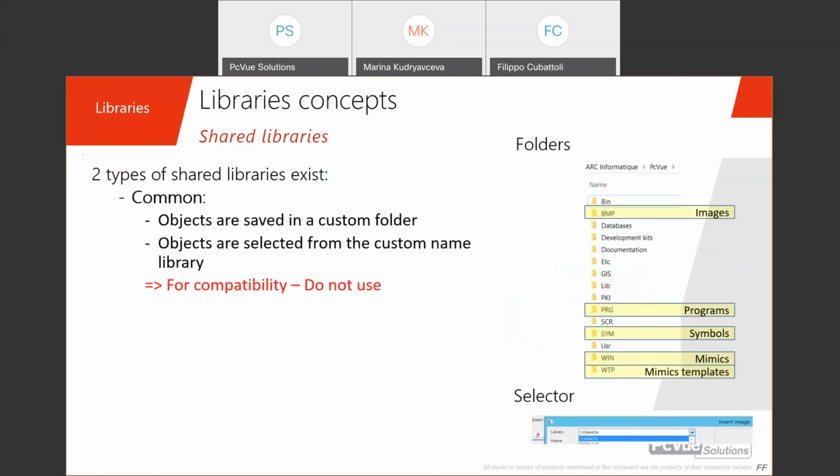As with the local libraries, the common libraries are shared libraries with no specific category, and all the objects are saved in specific folders, as you can see here on the right: BMP for images, PRG for programs, and so on. And you can find it through the selector under the name common.